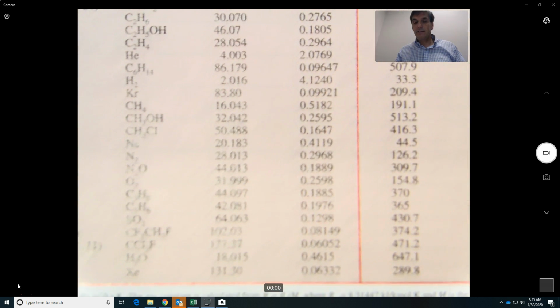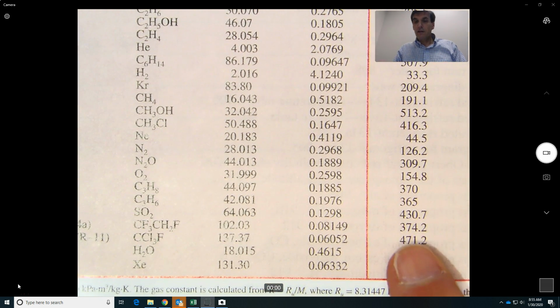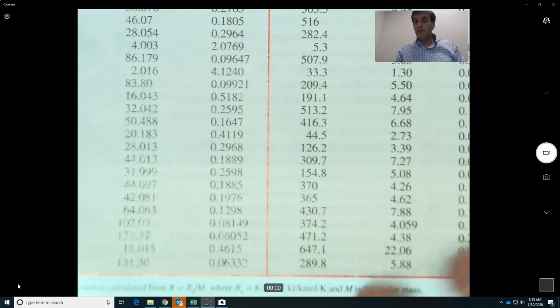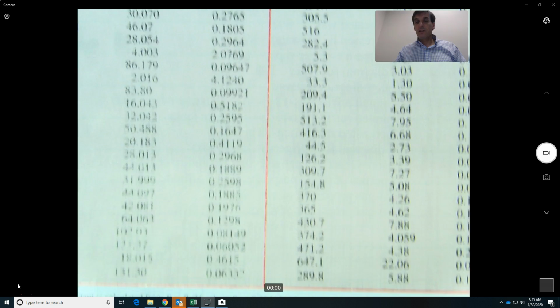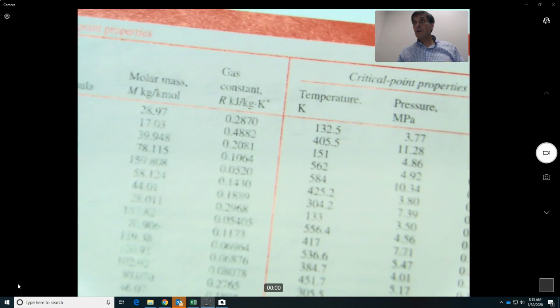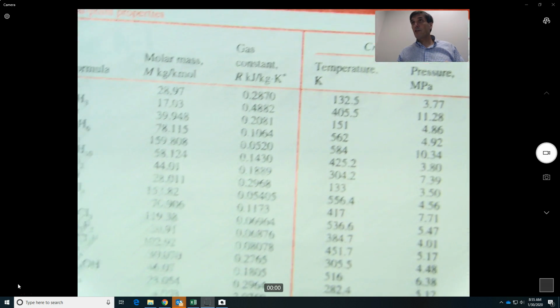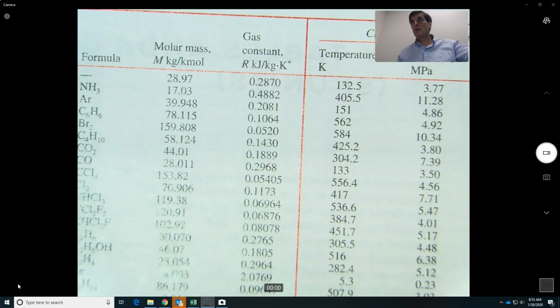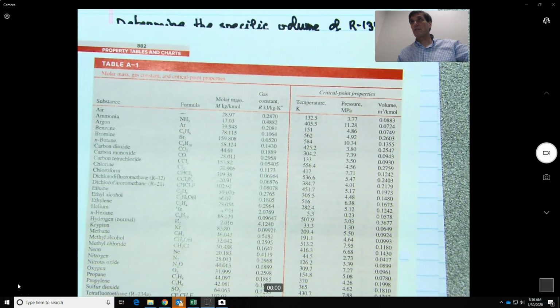And then on the right-hand side of the same line it gives us a critical temperature of 374.2, and the critical pressure will be 4.09. I know you cannot see the top, but the top is the temperature, the pressure, and the gas constant. It's just hard to see if I zoom out.